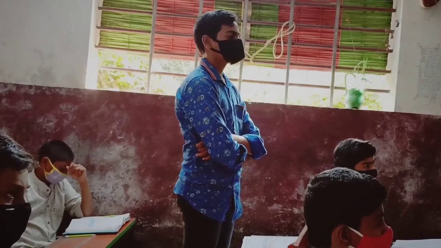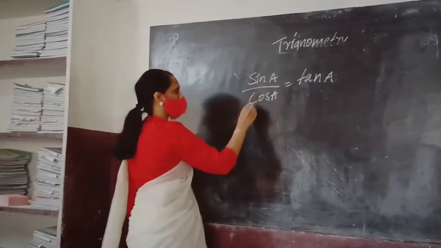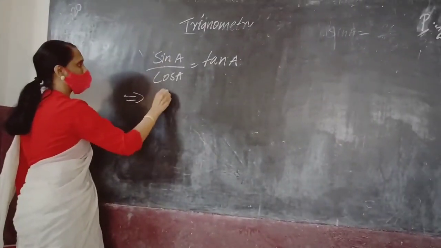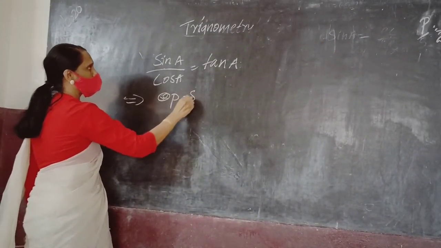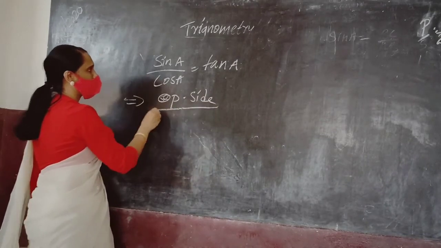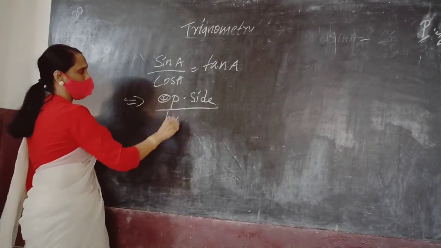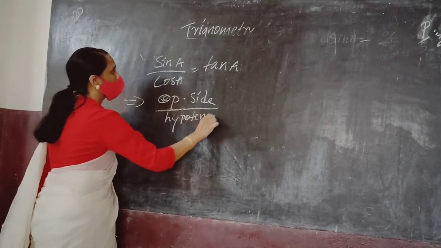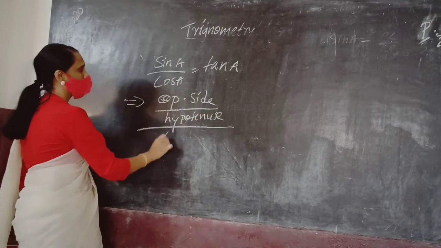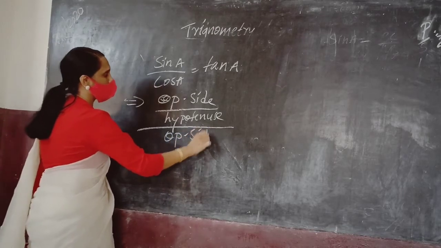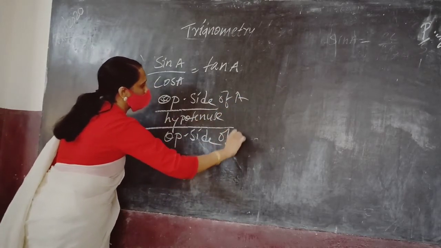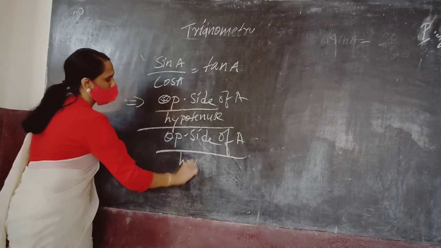Very good. So sin A means opposite side of A by hypotenuse, and cos A means adjacent side of A by hypotenuse.